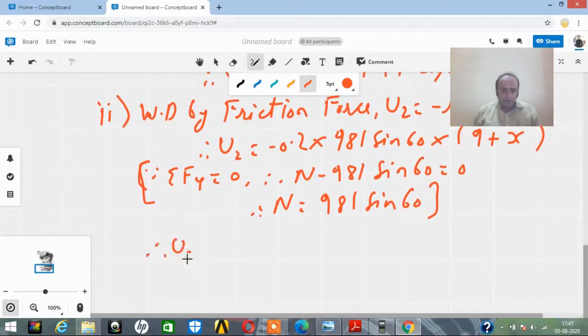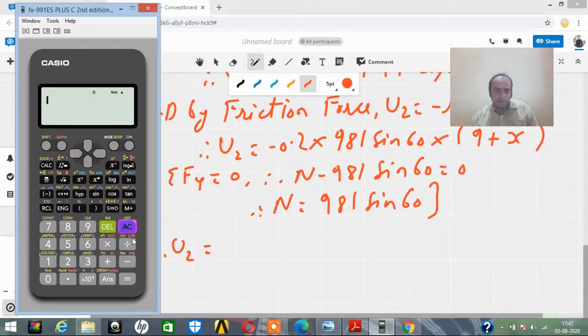Let us just simplify this equation. U2 is equal to minus 0.2 into 981 sine 60 into (9 plus x).